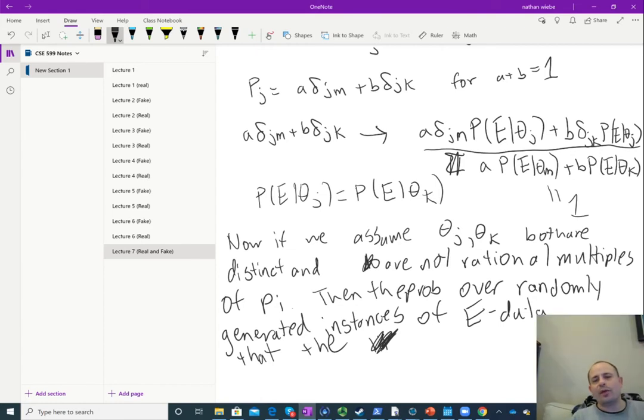So we know that in the event that these values of theta j and theta k are not in some sense equivalent to each other, then life is good.